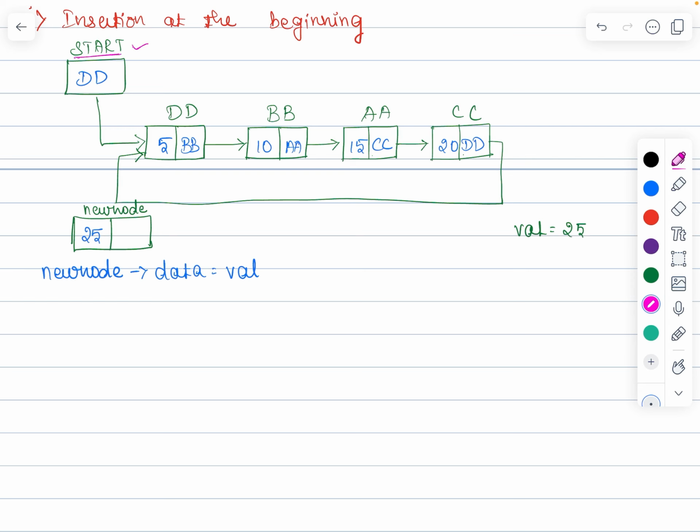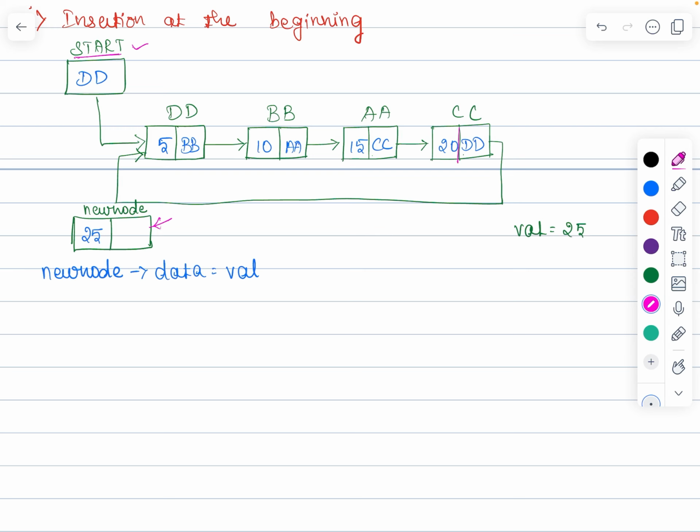And we have to fill the next field of the new node. This is the second step: fill the next field of the new node. And also, since this is a circular linked list, always in a circular linked list, the last node's next field would have the address of the start node. After inserting, this new node would become the start node.